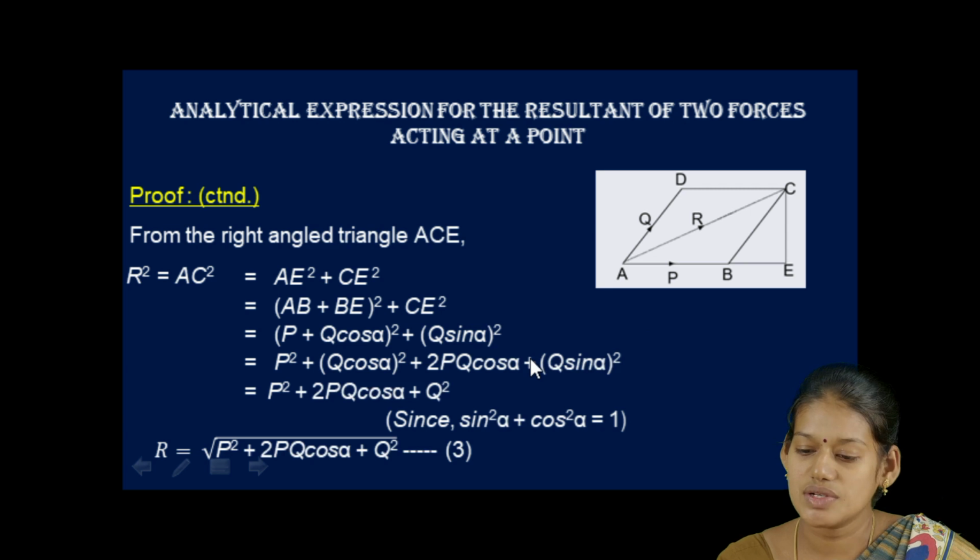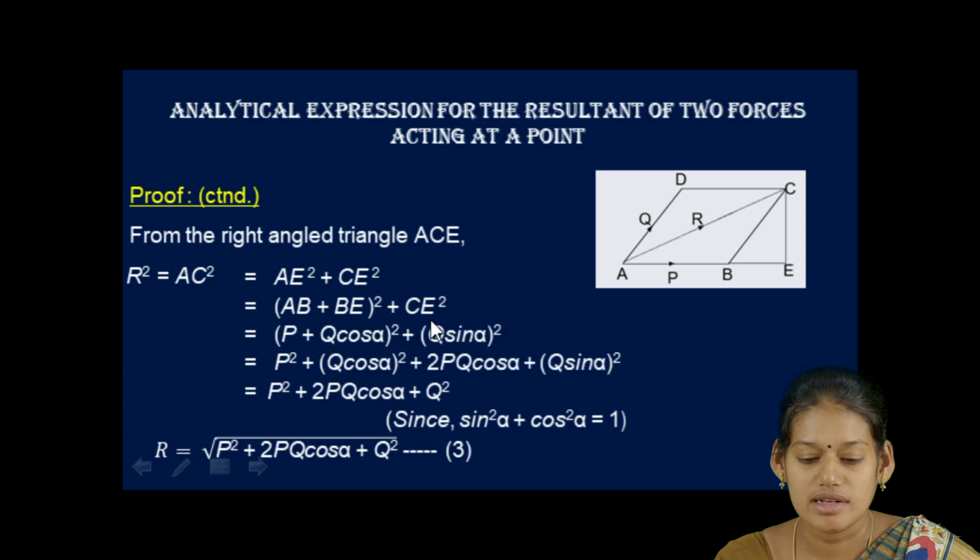Next, from the right angle triangle ACE we get R squared, that is the resultant squared. R squared is the diagonal squared, that is AC squared. AC squared is written as AE squared plus CE squared. AE is again written as AB plus BE, the whole squared, plus CE squared. Next we expand the formula (A plus B) the whole squared.